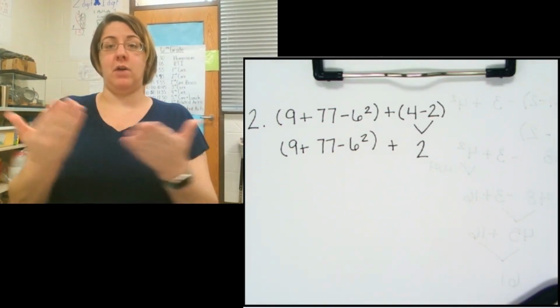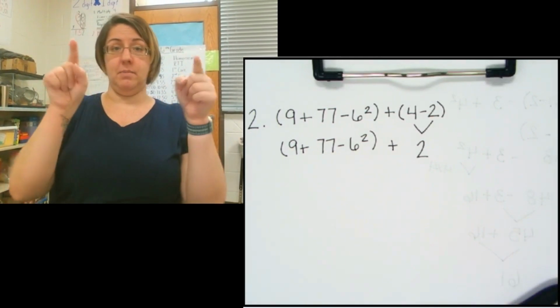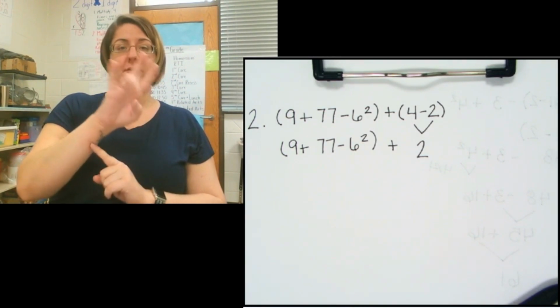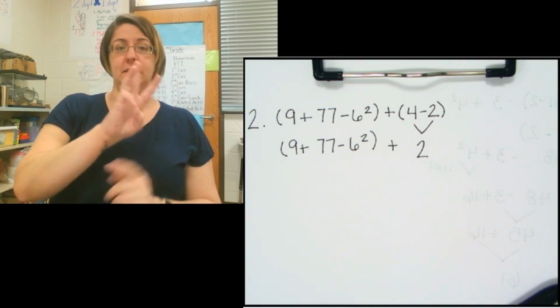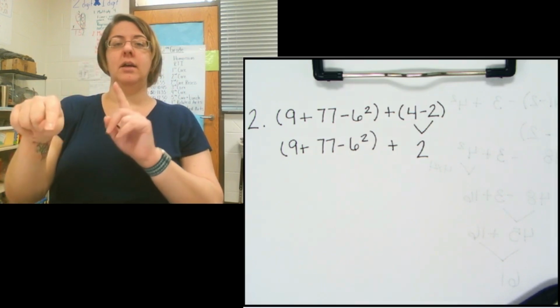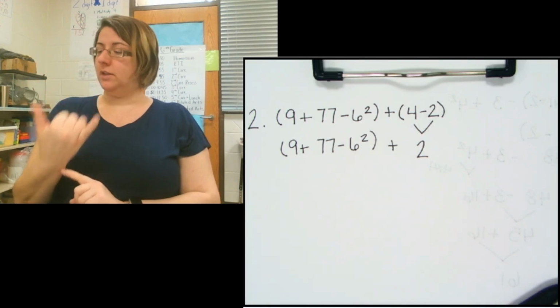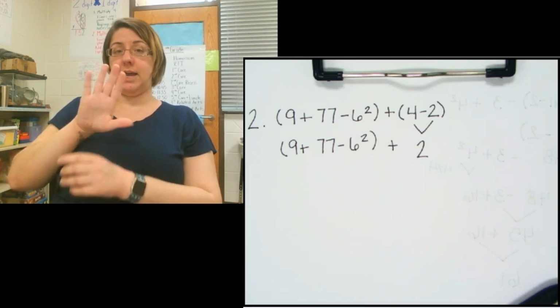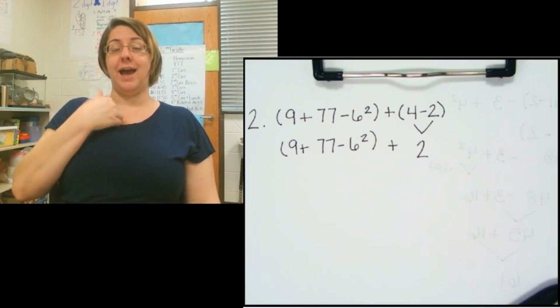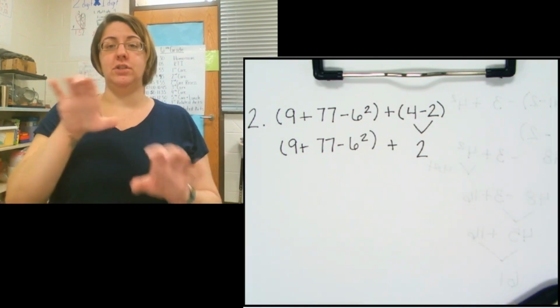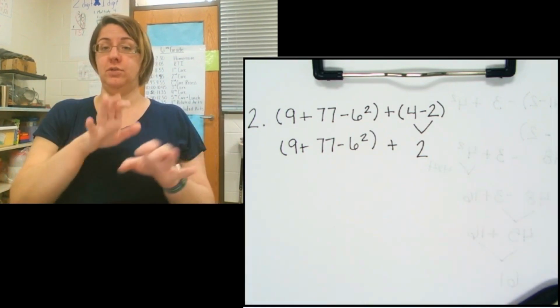Okay, so now our new problem is parentheses 9 plus 77 minus 6 to the second, close parentheses, plus 2. So now, look inside your parentheses. You have an exponent. You need to do that before you can do the rest of it.